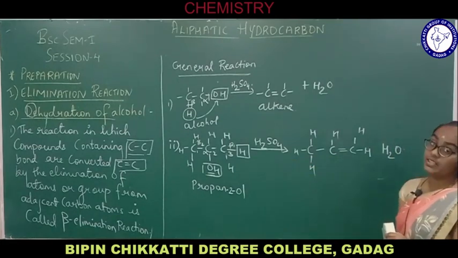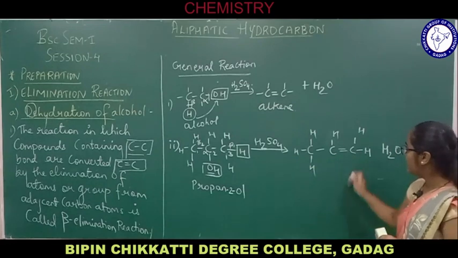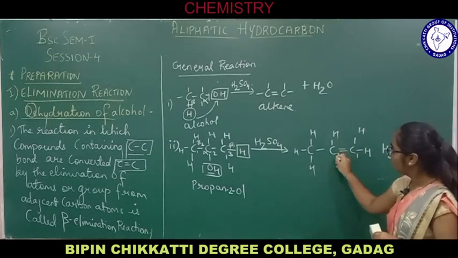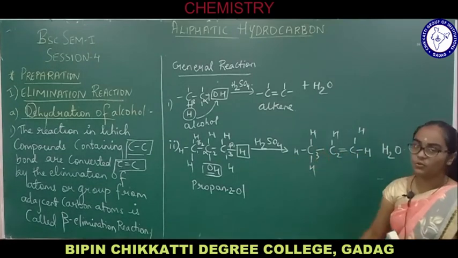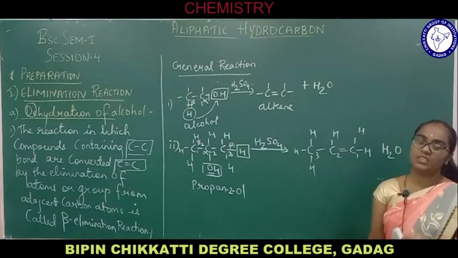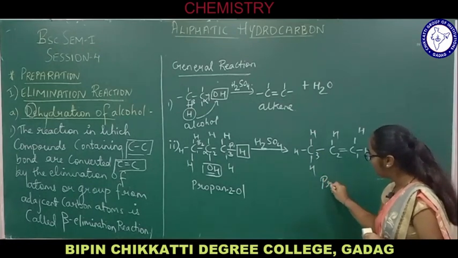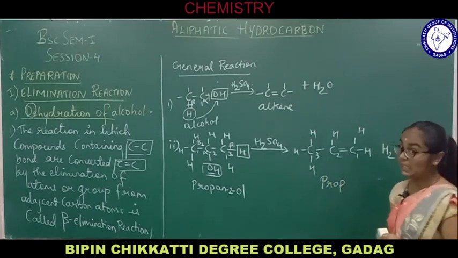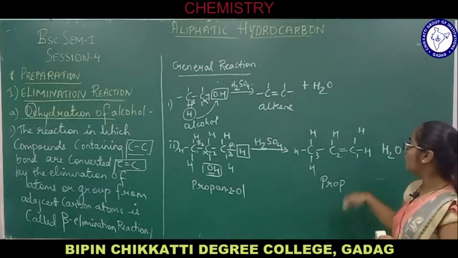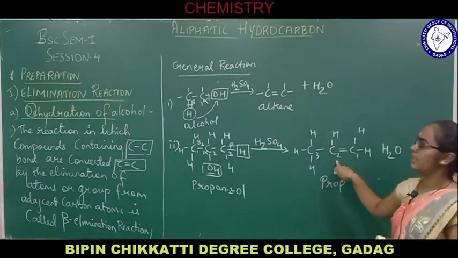So the name of this alkene, or olefin, which has formed, is: 1, 2, 3, so with 3 carbon atoms, what will be the name of the alkene? Exactly, propene, right? Now the ene is present between carbon number 1 and carbon number 2, so the lowest number is carbon number 1.